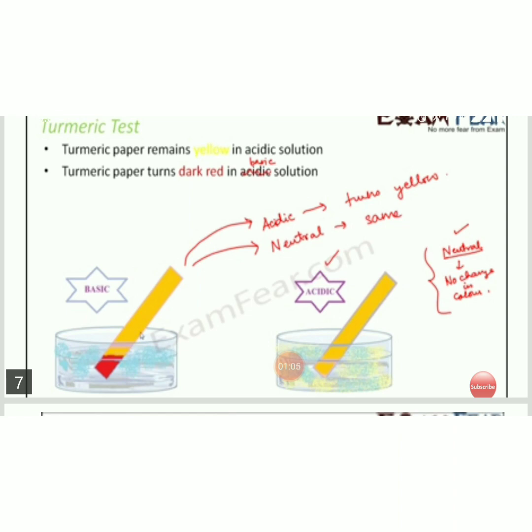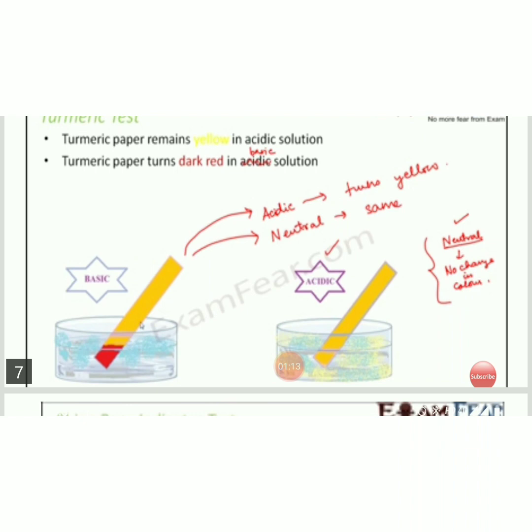If the strip turns yellow, it means it is an acidic solution, and the same strip we put in the neutral solution also. And if it remains red, it means the solution is neutral. Right? This is the way to distinguish between neutral and acidic solution.